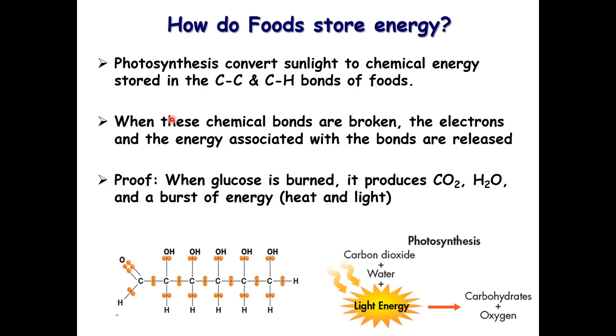So here is glucose. If you remember, we have C6H12O6. In photosynthesis, all this energy from the sun is converted by the plants into these carbon-carbon bonds and carbon-hydrogen bonds, all these chemical bonds.